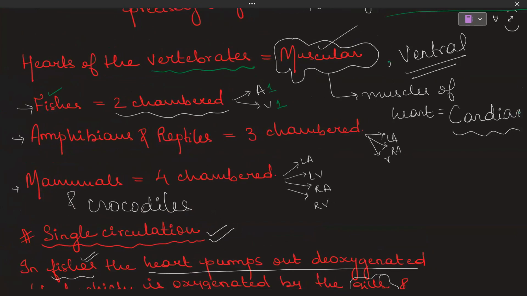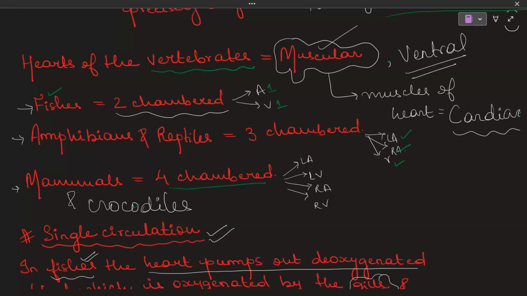Then there are amphibians and reptiles. They have a three-chambered heart which contains one left auricle, one right auricle, and only one ventricle. So in total, two auricles and one ventricle. Now in the mammals and the crocodiles, since crocodile belongs to reptiles, but still there is an exception. As I always say, biology is a science of exceptions. So mammals have a four-chambered heart wherein two auricles and two ventricles are present.